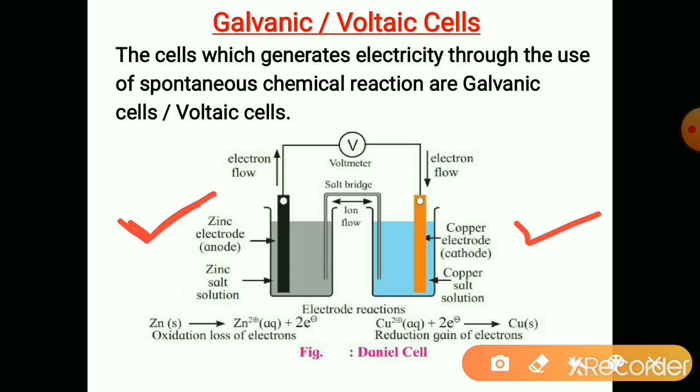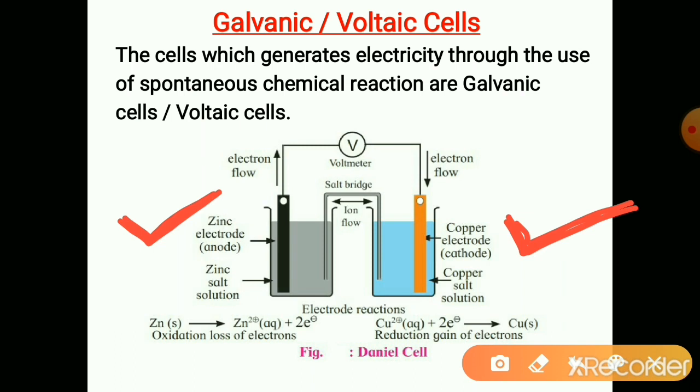Similarly, on the right, a copper strip is dipped in its salt solution, that is copper sulfate solution. Zinc is dipped in the zinc sulfate solution, copper is dipped in the copper sulfate solution.